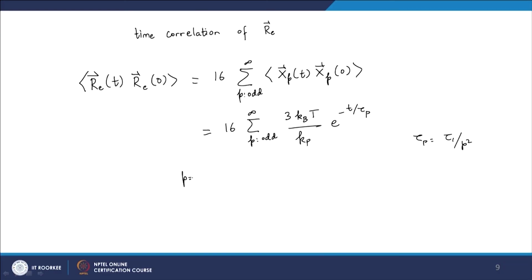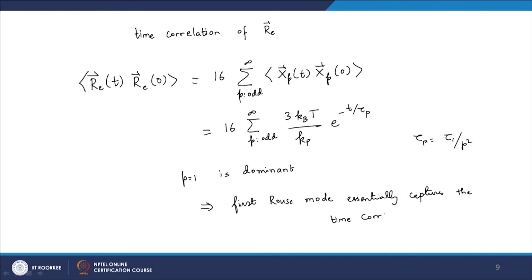So, p equal to 1 is the dominant term that we will see in here. What this means is the first Rouse mode essentially captures the time correlation of R_e.